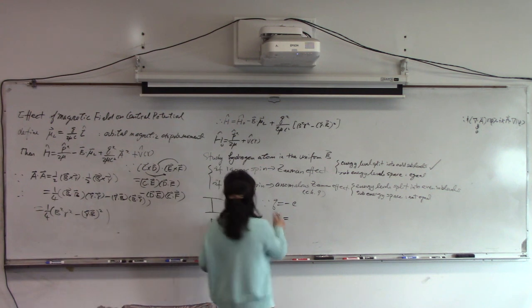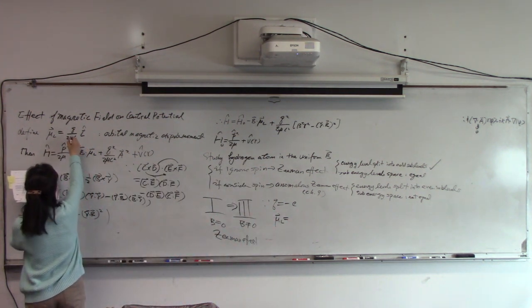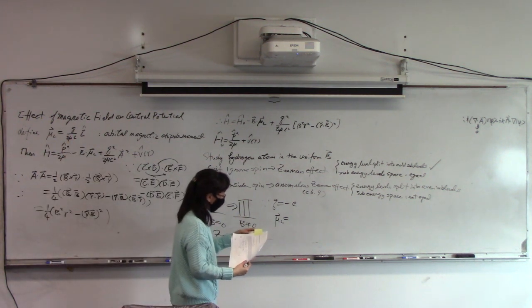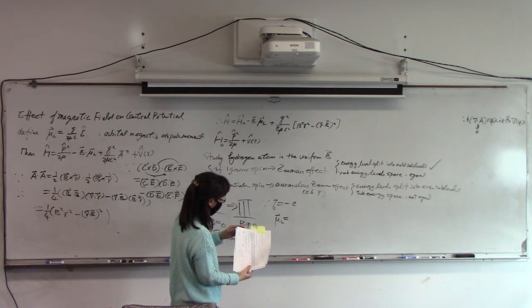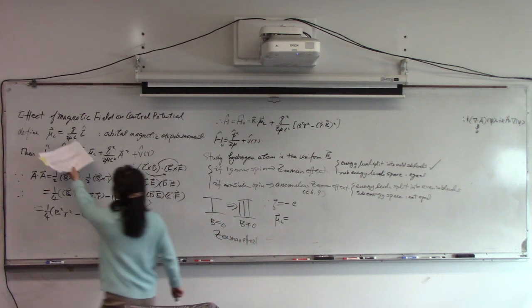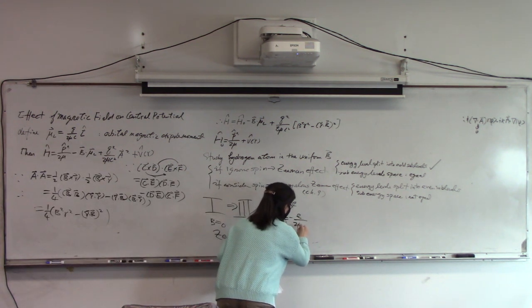So in this case, this is Q over 2mc, but Q is negative, so we have a negative e over 2 mu c L.